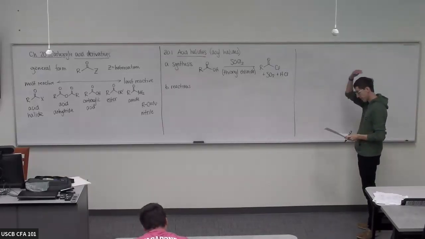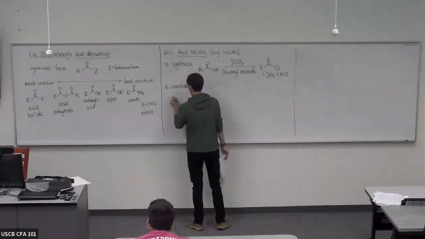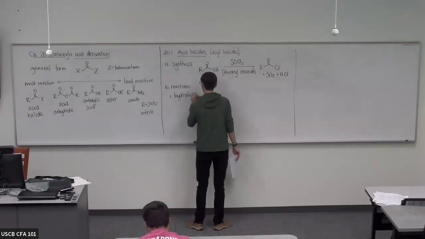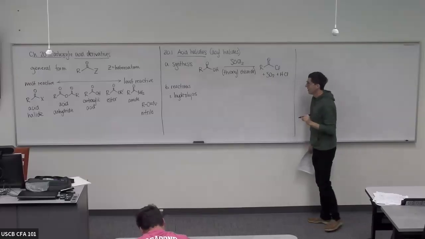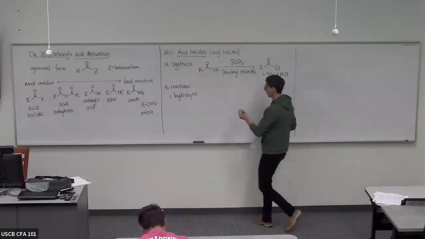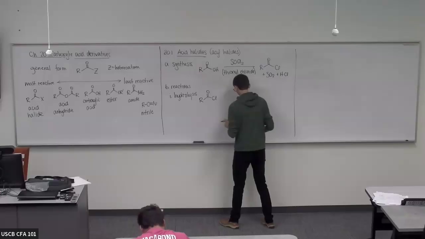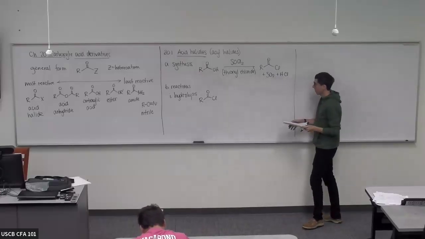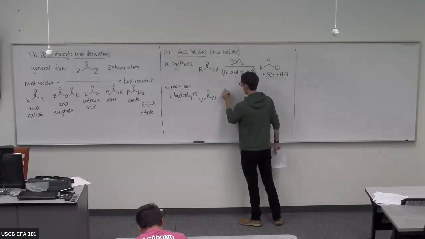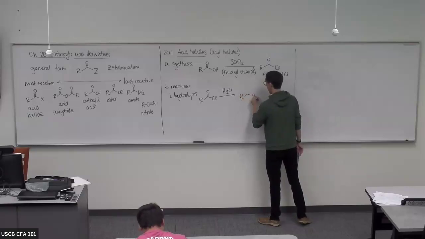Okay. Reactions of acid halides. The most common one and also the most annoying one is hydrolysis. As I said, they're very reactive, and so they'll react with water. You don't even need acid or base or any sort of catalyst or anything, they just spontaneously react with water.